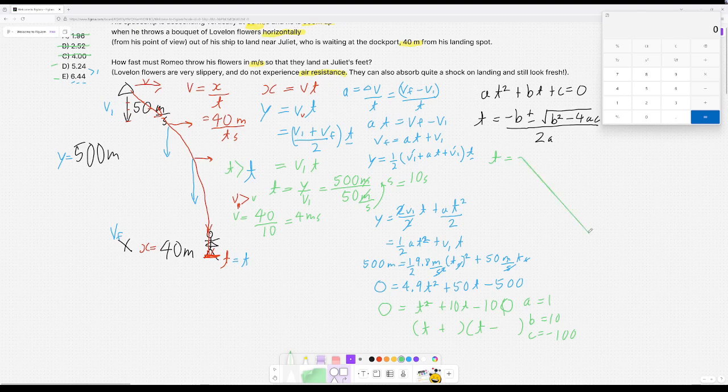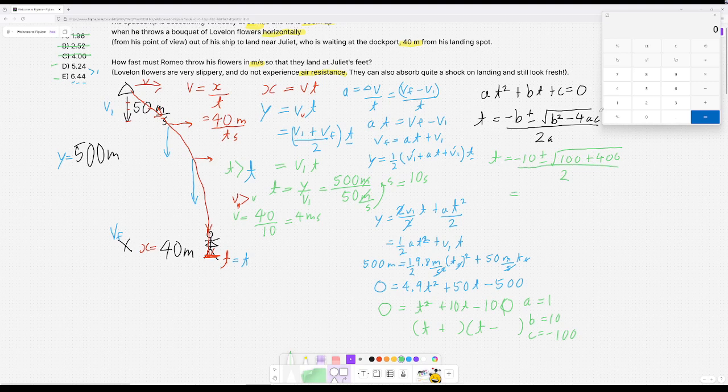So that becomes minus 10, and we get plus or minus the square root of 10 squared, which is 100, and minus 4 times a, which is 1, times c, which is minus 100, so minus 4 times minus 100 is plus 400, and we have 2 times a, which is 1 again.